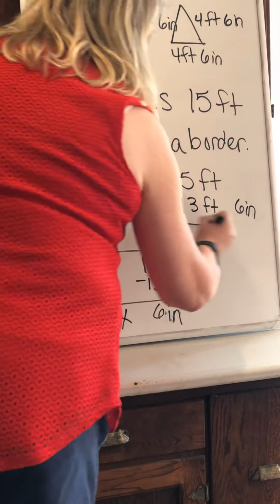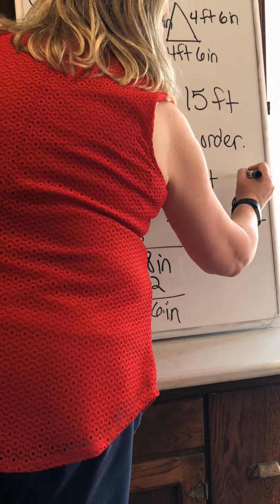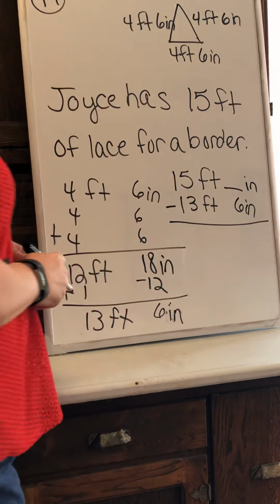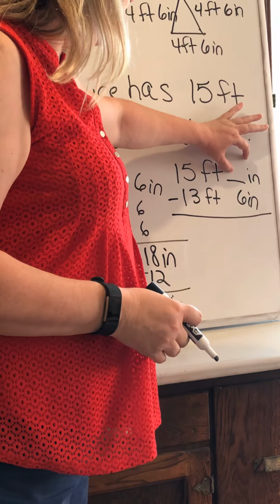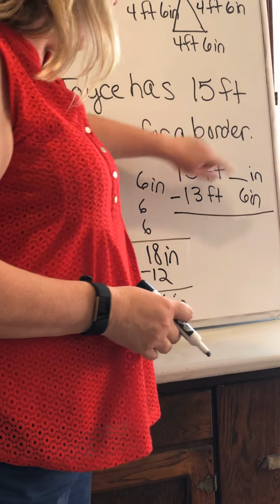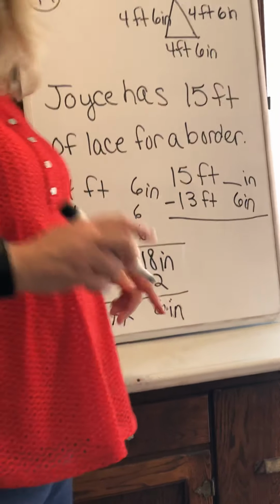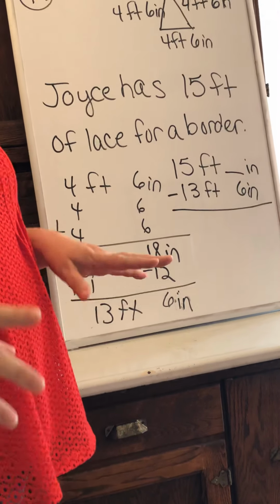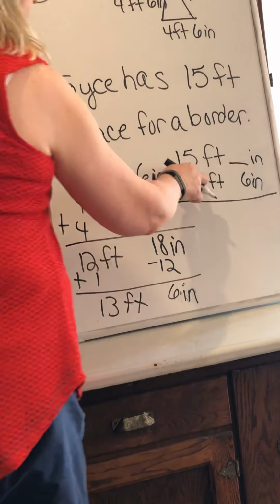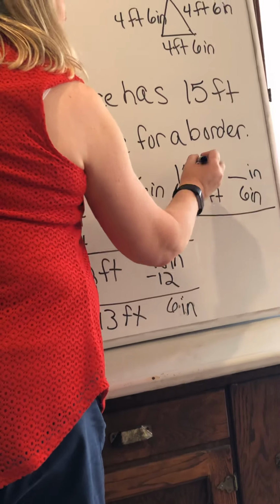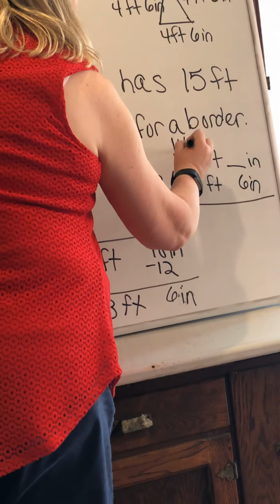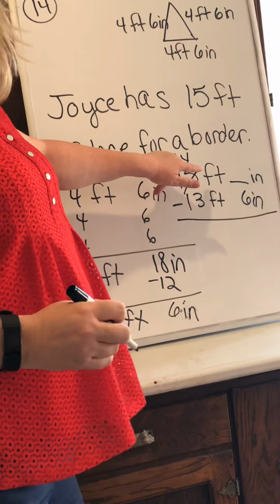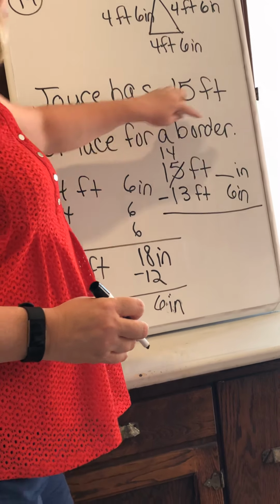Okay, so in order to do this, there is nothing here. And we have to take something right here and subtract 6 inches away from it. So what we're going to have to do is we're actually going to have to borrow. We're going to have to borrow from the 15 and make it a 14. And since we borrowed a foot, we need to turn that foot into inches.